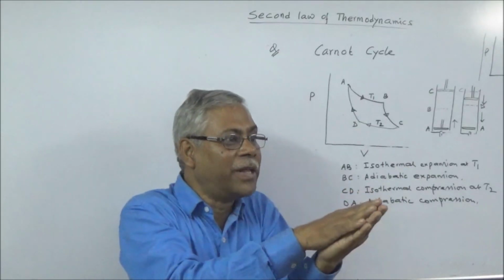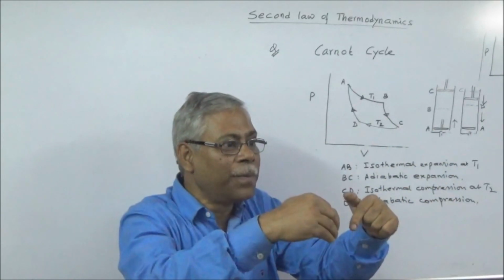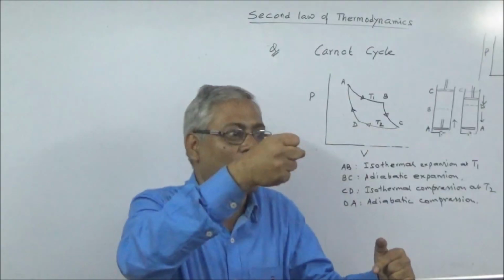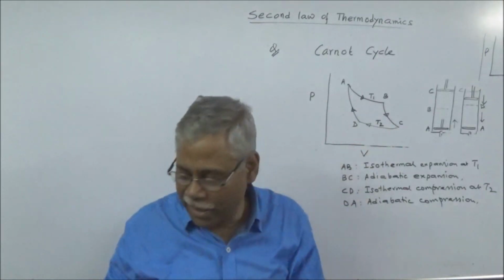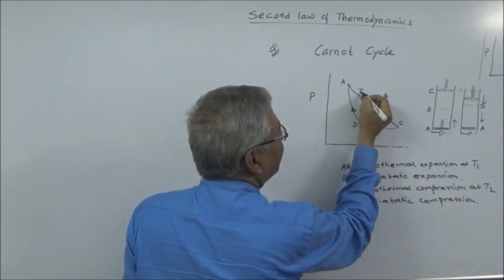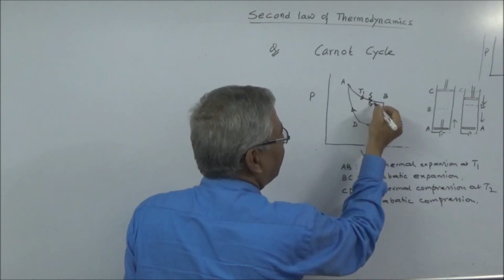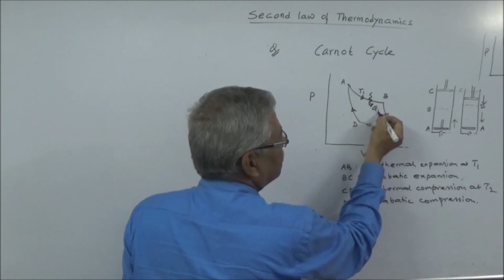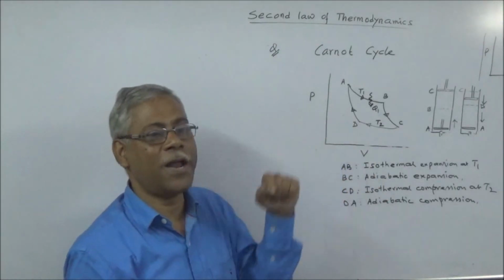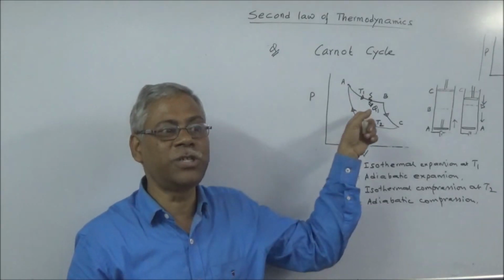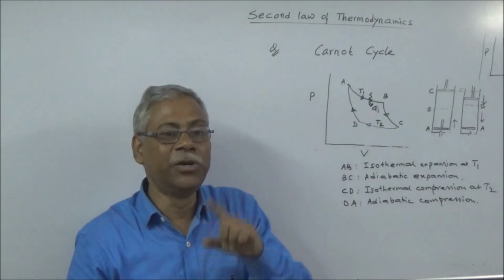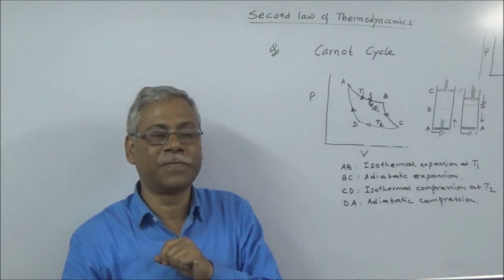So when there is expansion, heat must be allowed to come in. This is Q1. This is the heat that the engine is drawing. So in this step, heat is going into the engine, Q1. And what is the source temperature? T1. Engine is collecting heat during isothermal expansion.